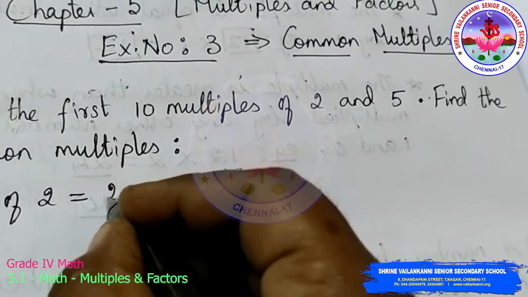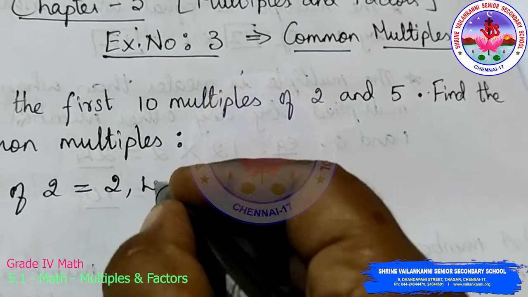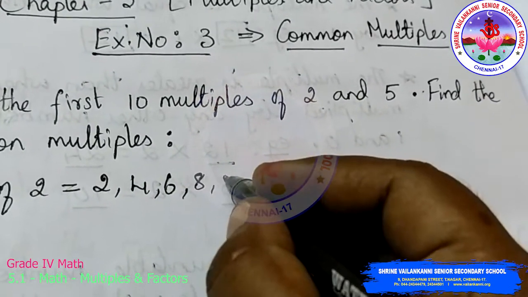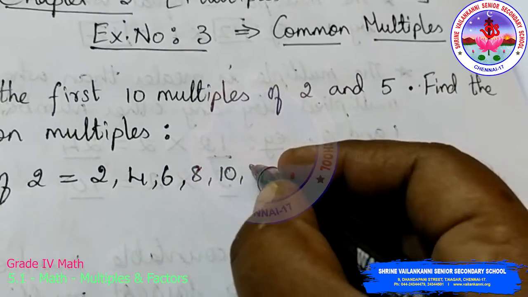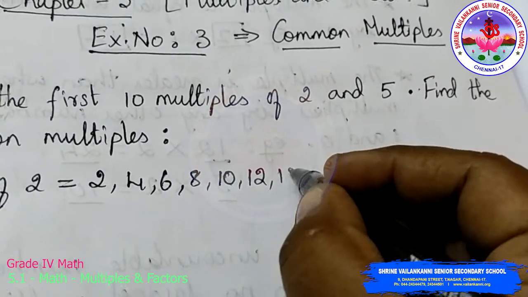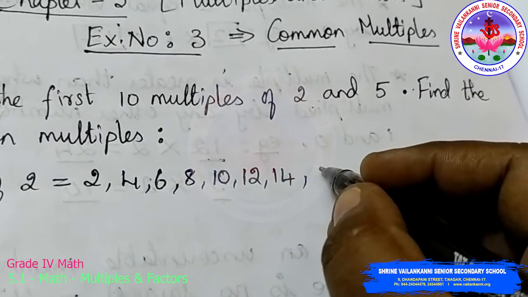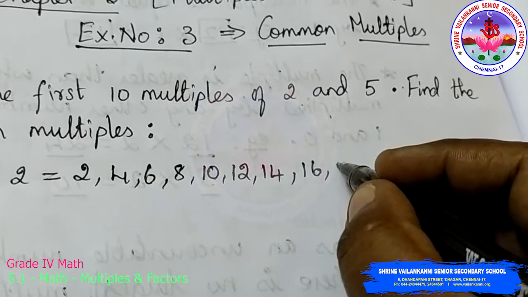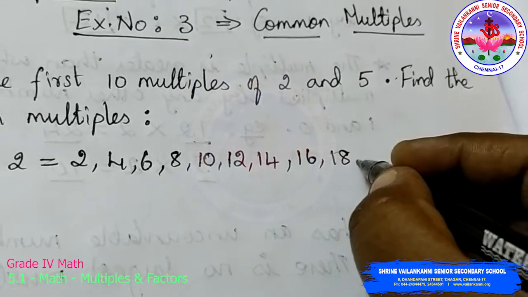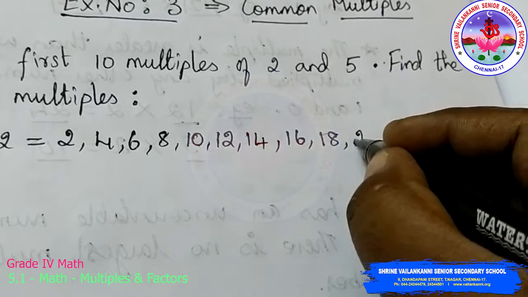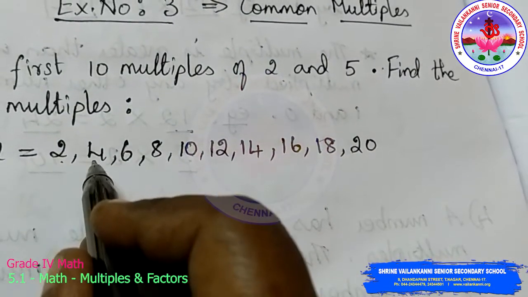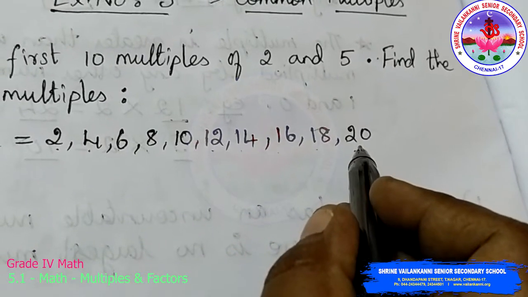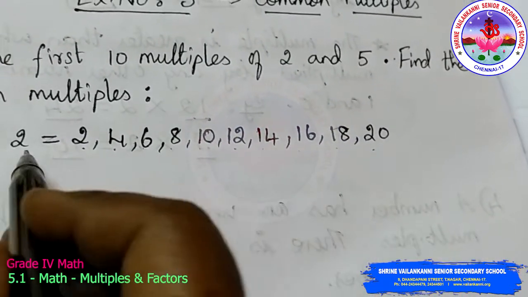So 2 1s are 2, 2 2s are 4, 2 3s are 6, 2 4s are 8, 2 5s are 10, 2 6s are 12, 2 7s are 14, 2 8s are 16, 2 9s are 18, 2 10s are 20. So here 1, 2, 3, 4, 5, 6, 7, 8, 9, 10.